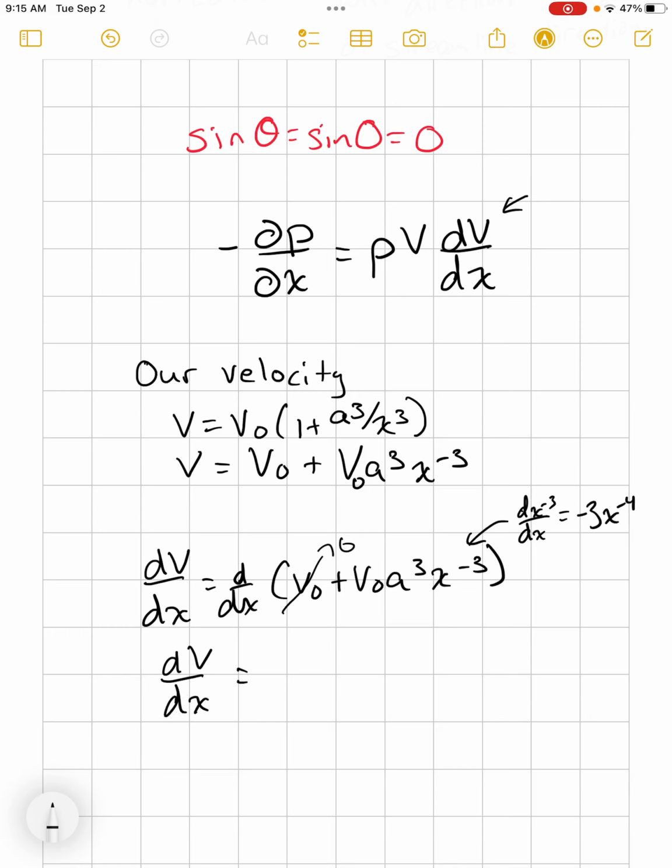So dV dx will be minus 3 V naught a cubed over x to the 4th.